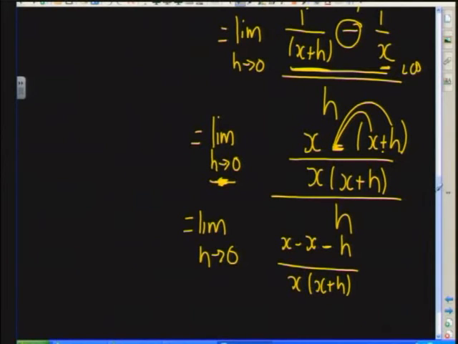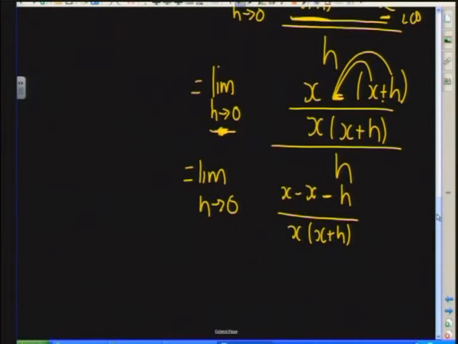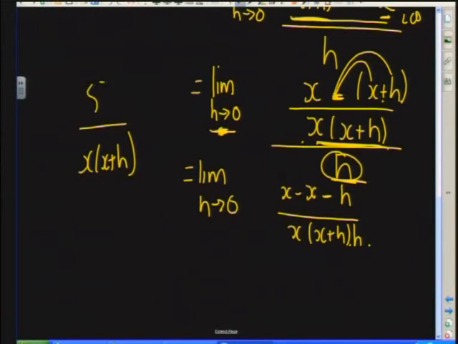And what I'm going to show you here is I can also add in the h from the very bottom. I can put it here next to the whole denominator. Now the reason for that is if you've got x times x plus h in your denominator here, remember, you're going to tip and times that. I'm just going to do it on the side here. So I've got x times x plus h, and then we've got our functions here on the top, and then I'm dividing by h.